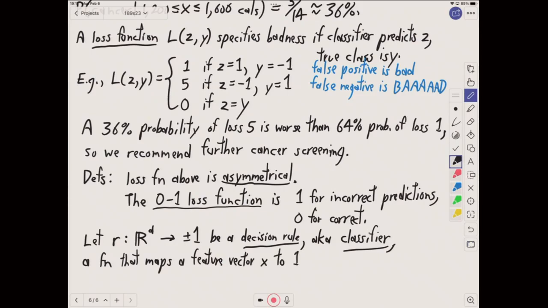So that function takes in a feature vector x and maps it either to 1, meaning it is in the class, or -1, meaning it's not in the class. And we're going to use that function now to compute what's called the risk.